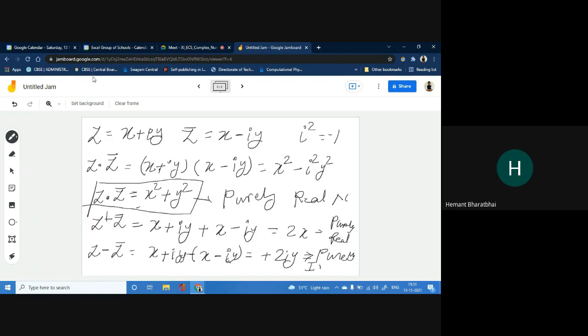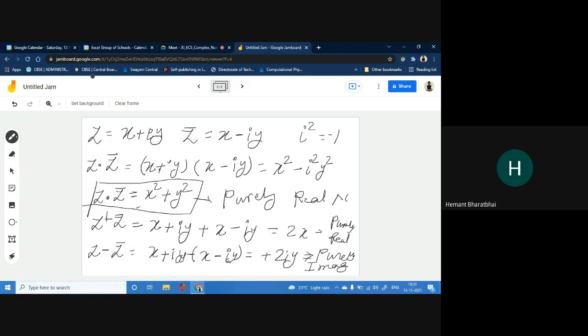So I'll get plus 2iy. Now if you see, there is no real part in this case. This real part x and x got cancelled. So when I multiply a complex number with its conjugate, it's a purely real number, and when I subtract a complex number and its conjugate, then I get a purely imaginary number.